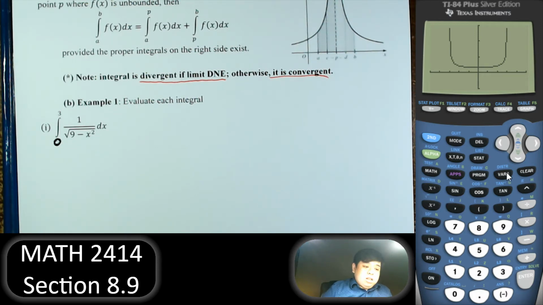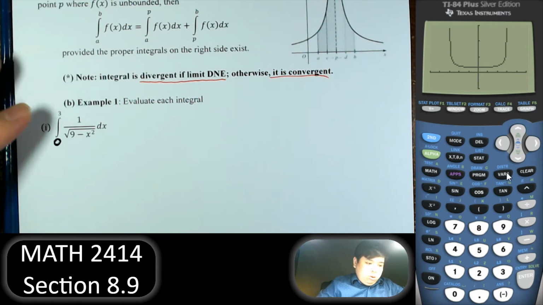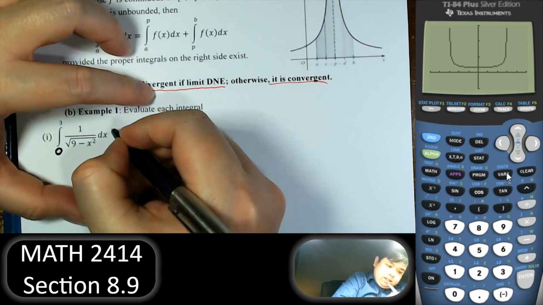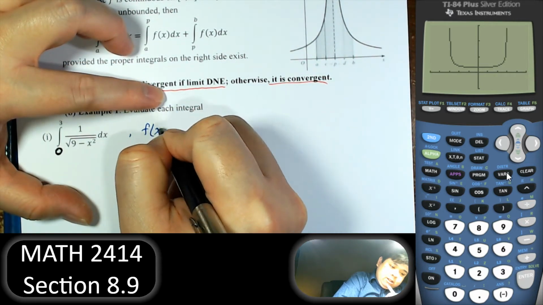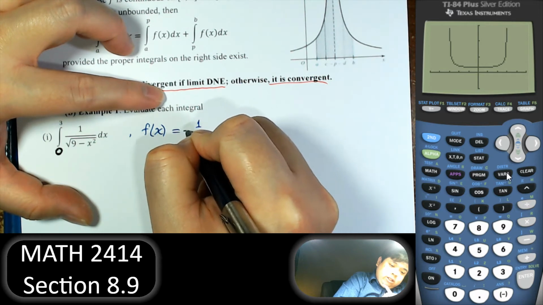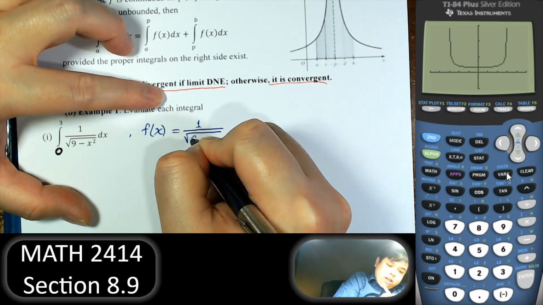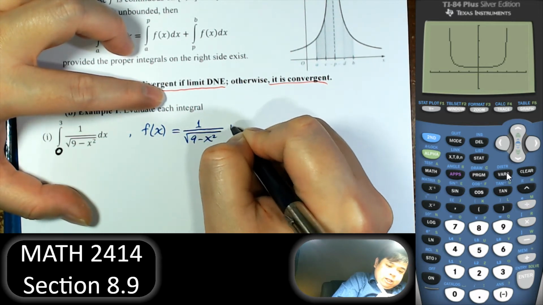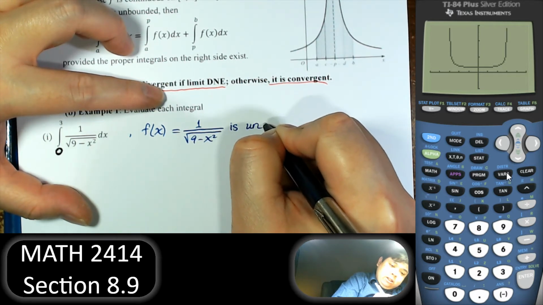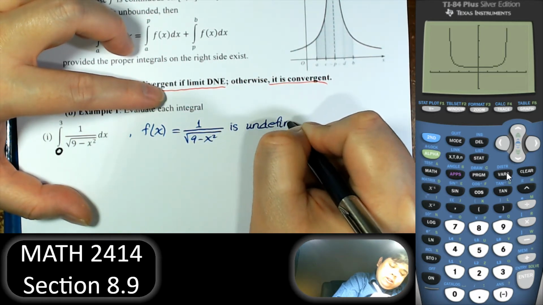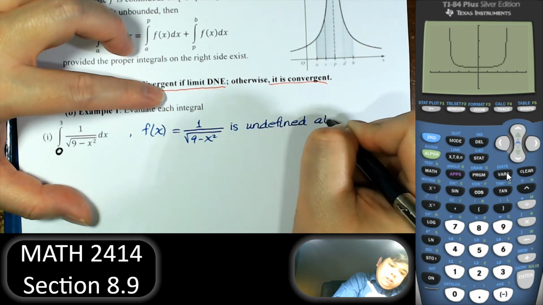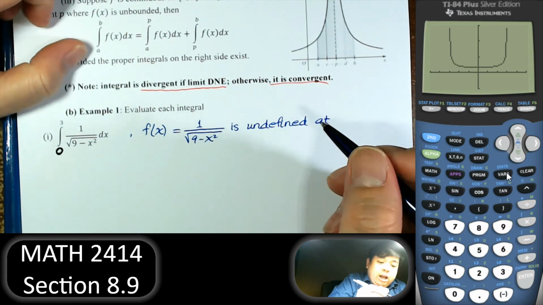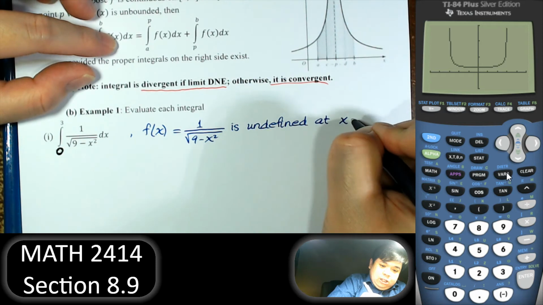So what we focus on here is f of x equals 1 over the square root of 9 minus x squared, which is undefined at x equals 3.